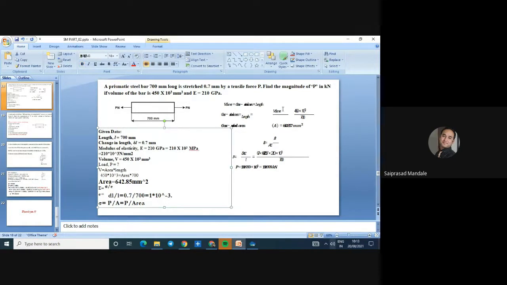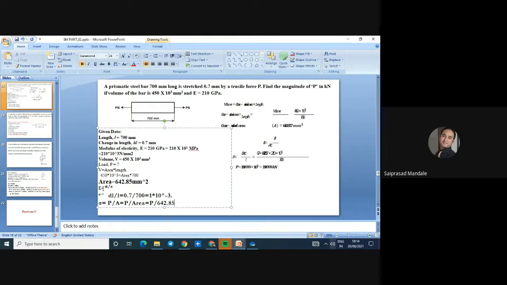Let me tell you. Now we have a strain, so force per unit area. So the term becomes P upon area, 642.85. Now we have one equation.